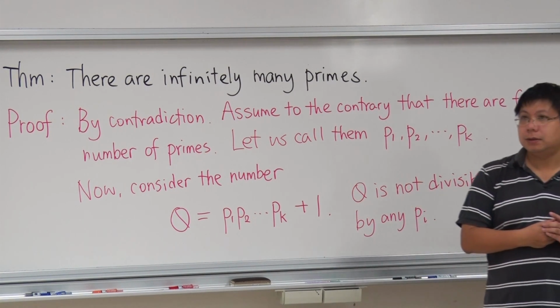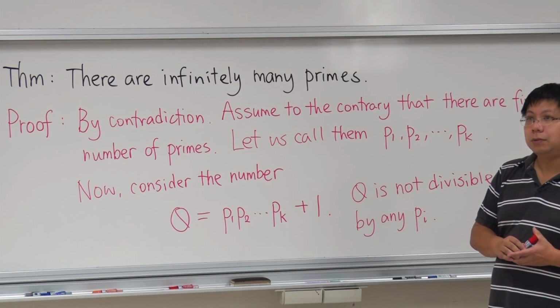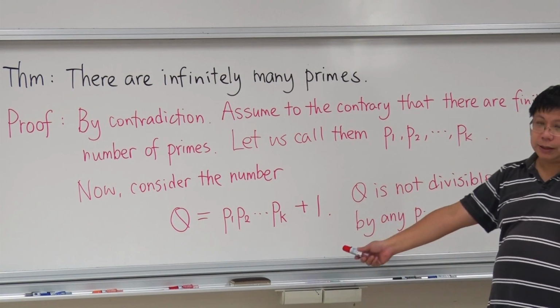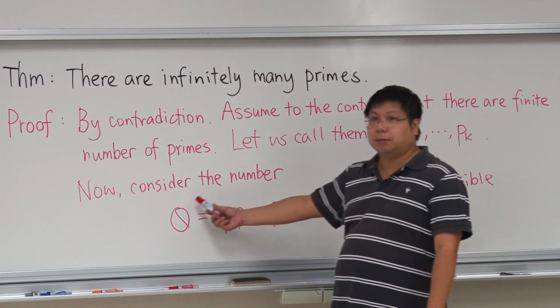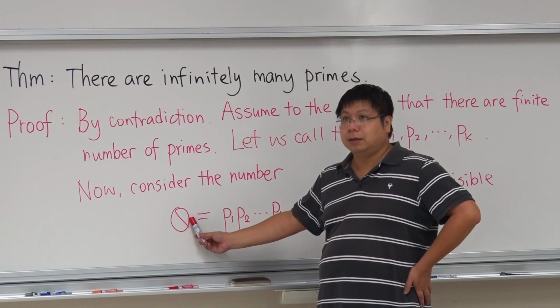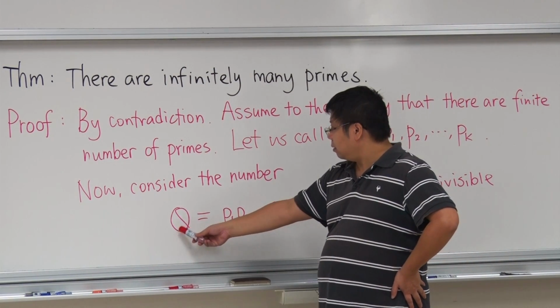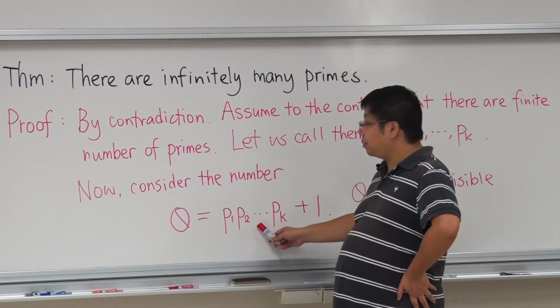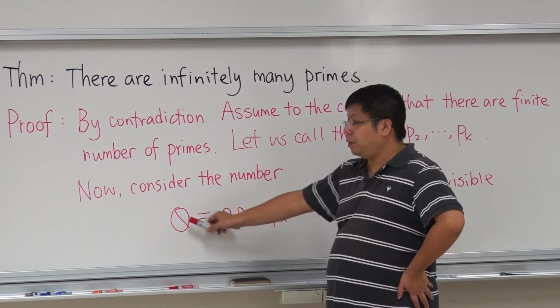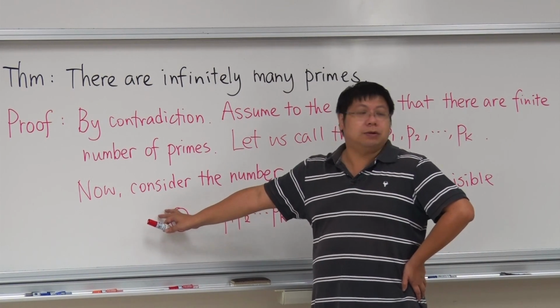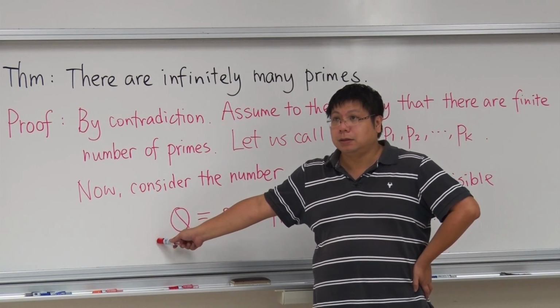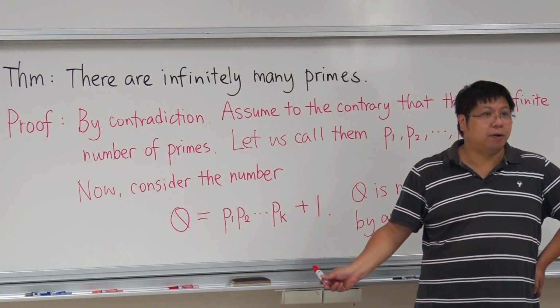None of these primes that we have listed can divide q. Because if q is a multiple of, let's say, p1, and the product is also a multiple of p1, then if we subtract it on the left-hand side, we still get a multiple of p1, right? But then 1 cannot be a multiple of p1.